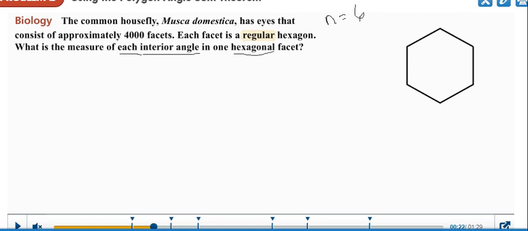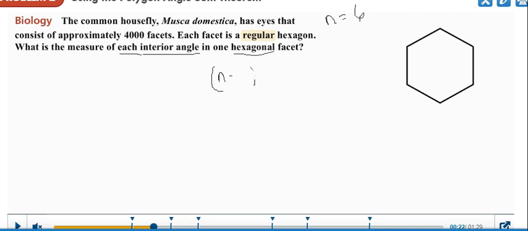So my formula to find each interior angle starts the same as the sum: n minus 2 times 180 degrees. Whoops, I'm sorry, getting ahead of myself right there.